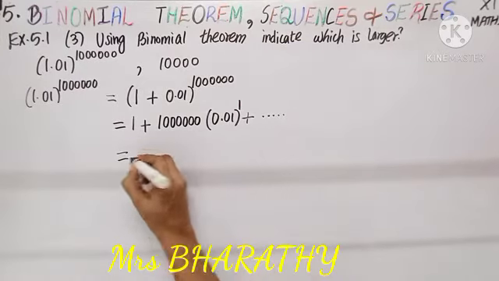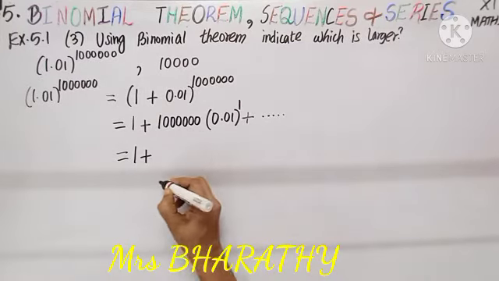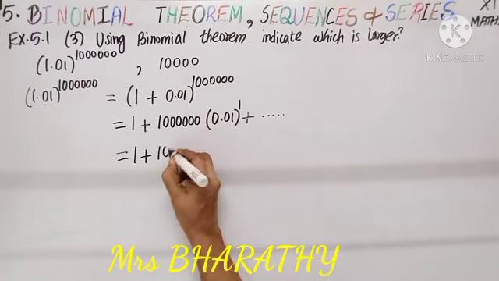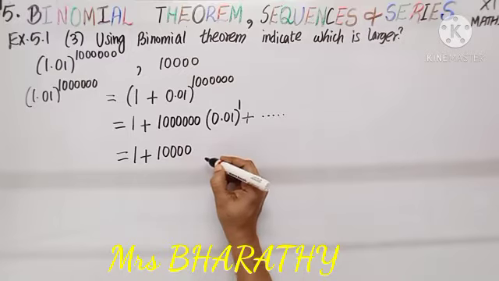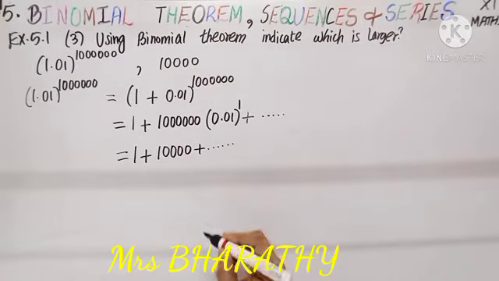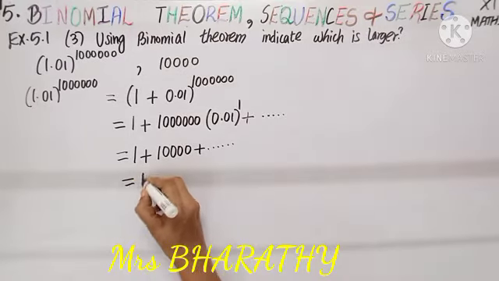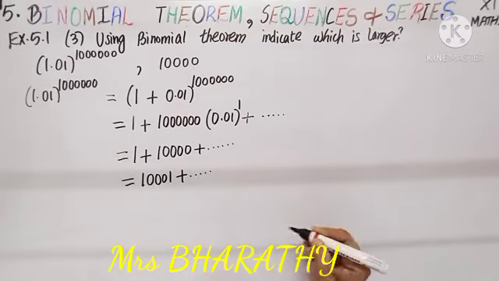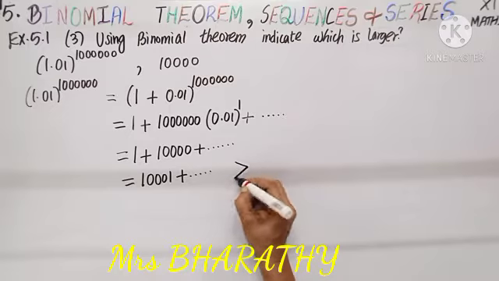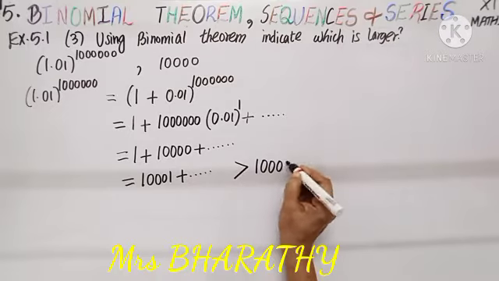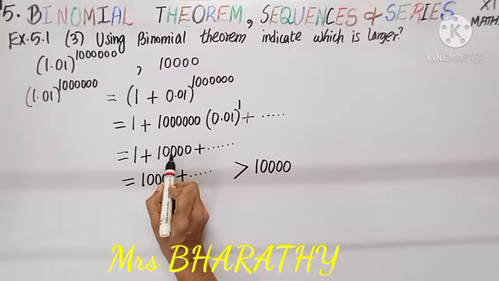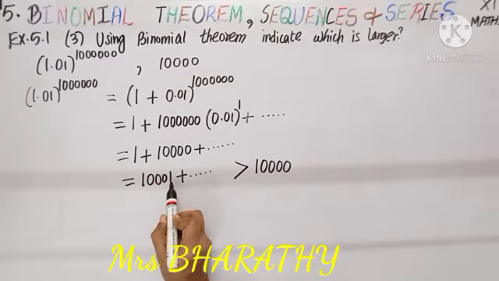This is nothing but 1 plus, 2 decimals, 2 zeros will get cancelled. I get 10,000 plus and so on. It is 10,001 plus some value, which is definitely greater than 10,000, because first two terms itself give us 10,001.